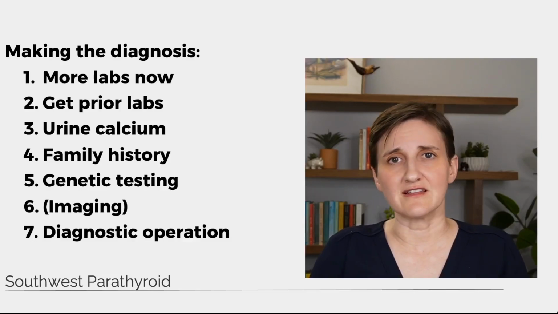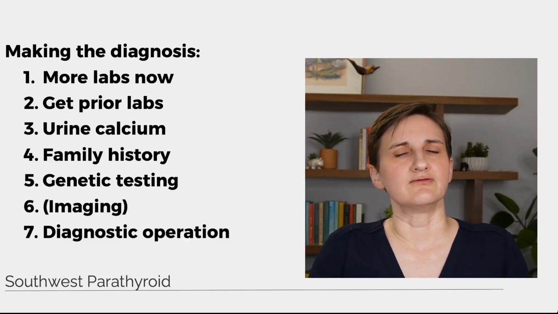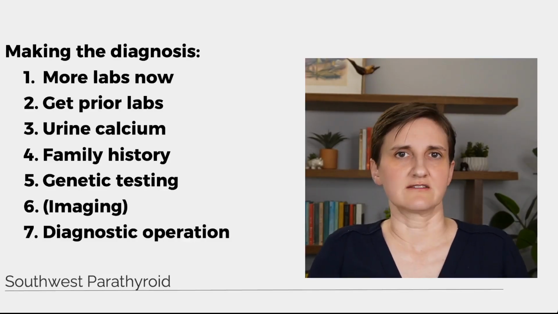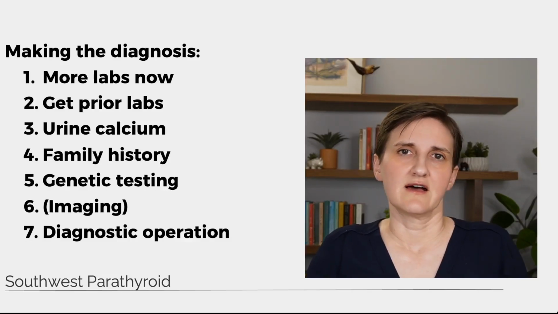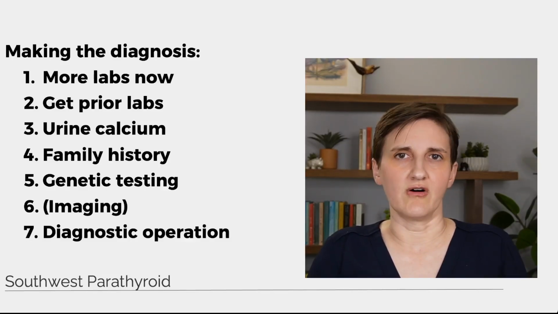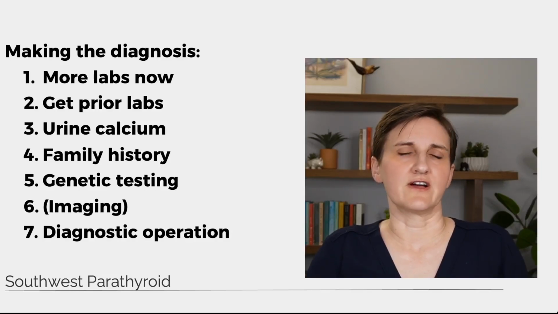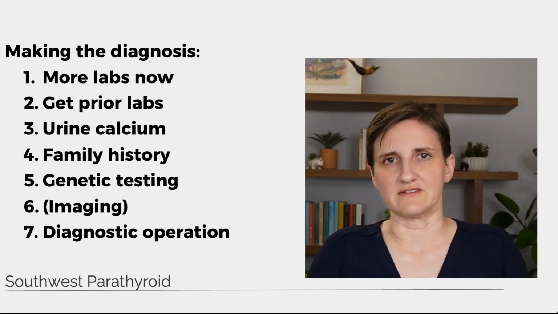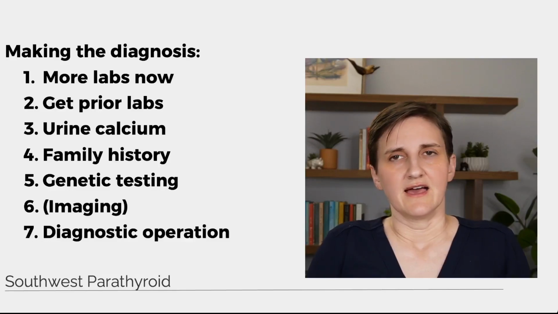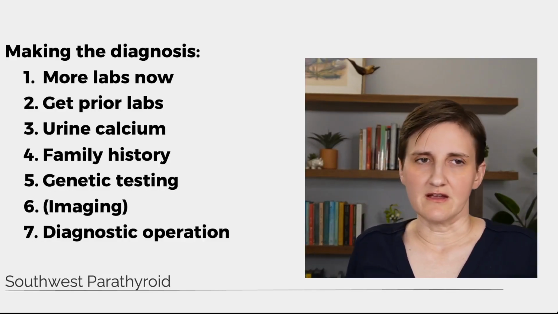So there are cases like that, but you really want to give one shot to find all 4 glands and look in all the standard locations around the thyroid in order to find those and make sure that you're not missing a parathyroid tumor.